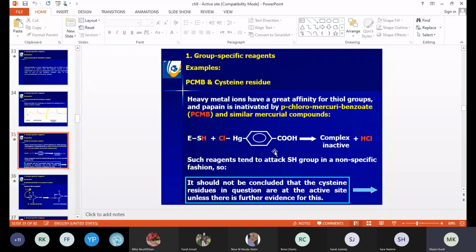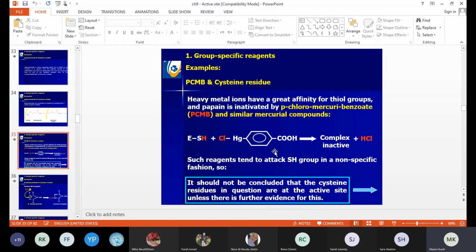Another example is PCMB, parachloromercuribenzoate. PCMB is also able to interact with the thiol group of a cysteine to form an inactive complex. Such a reagent attacks the thiol group in a non-specific fashion, meaning it is not specific.